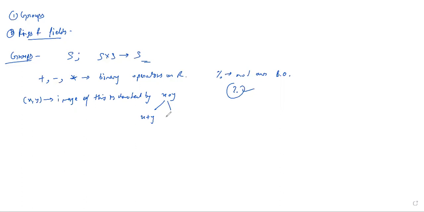If I'm using multiplication, then I can write it as x dot y, and for subtraction, the same. So when I say that division is not a binary operator, if I take the ordered pair 3 comma 0, it means 3 divided by 0, but division by 0 is not defined. Because of this, division is not a binary operator.